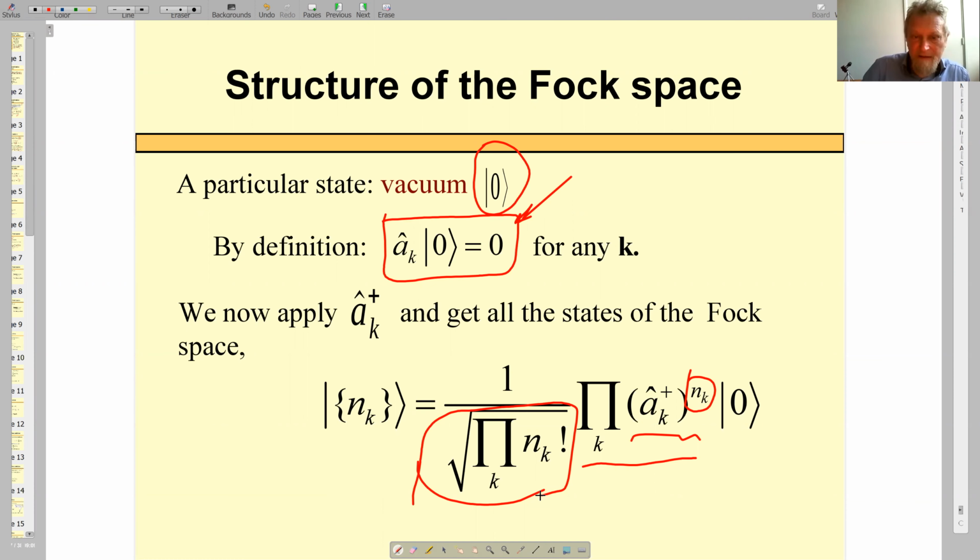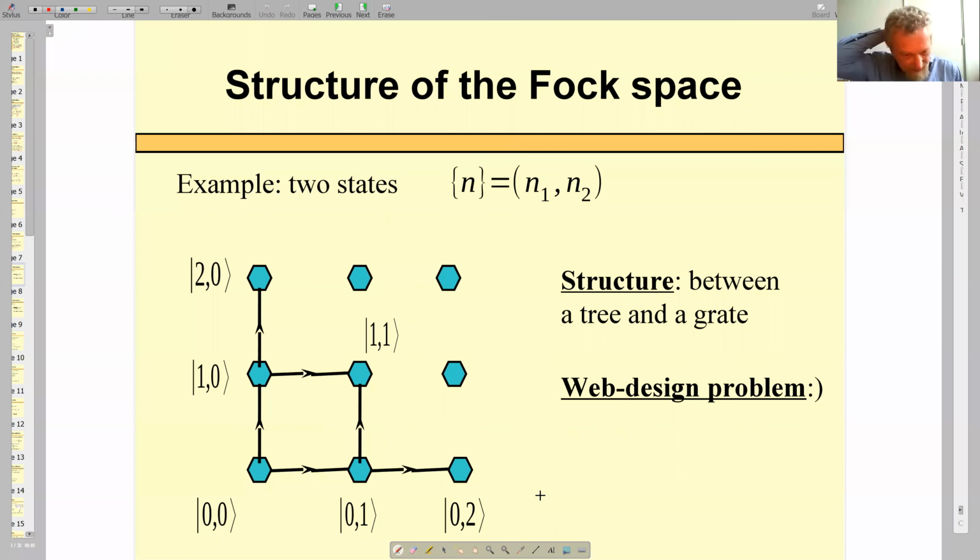Let us see how to draw this. It's good to restrict yourself to only two levels. And in this case, you can draw all basis states in a two-dimensional plane. That's what I did. Right, so this is the state with no particles, one particle at level 2, and so on.